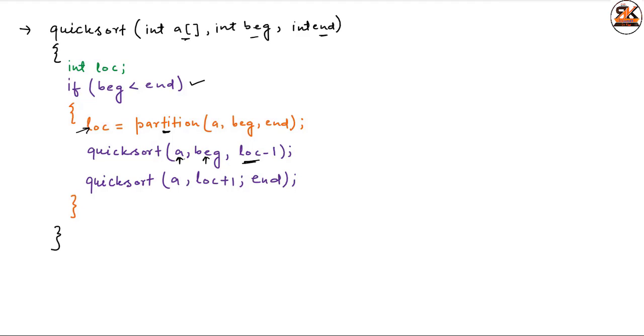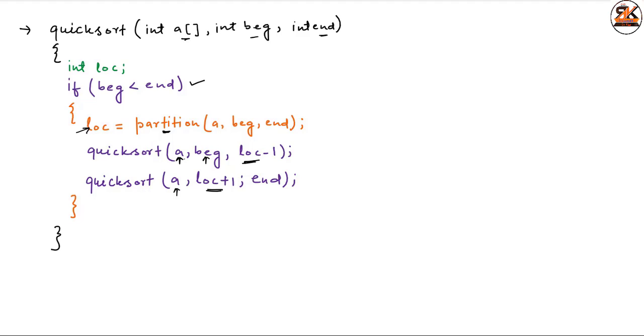Then in the next call, the function calls itself again, passing the base address of the array, and we are giving the start index as location plus 1, which means the element next to the pivot element after placing it at its appropriate place.